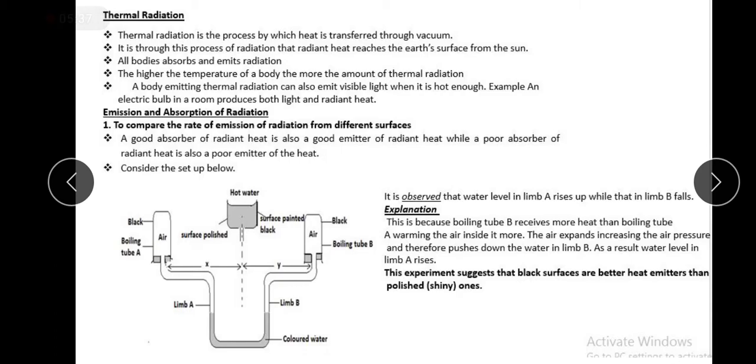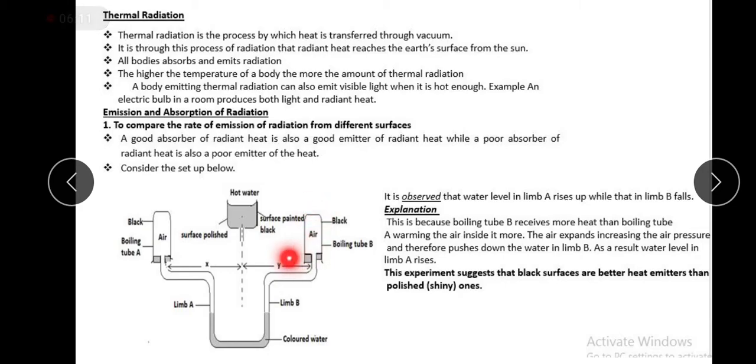Now, you see at this side where the surface is painted black, it means it will emit heat more easily or at a higher rate than this other side, and therefore on this side the air will be hotter than on this side. Therefore, when it reaches this boiling tube B, the air inside will expand because of the heat. When it expands, it will create more air pressure.